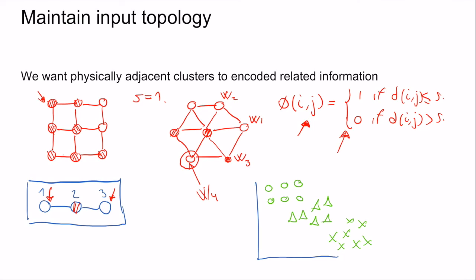Then after we finish the learning process, neuron 2 will tend to be positioned in between the two, right? So W2 is likely to be somewhere in the middle.